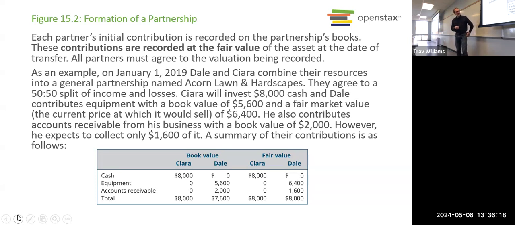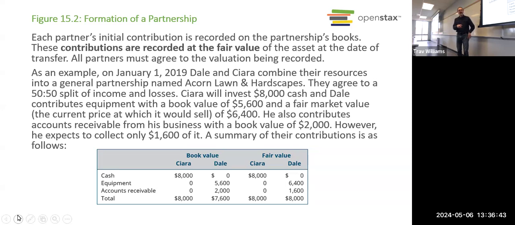So we see here, Ciara and Dale have formed a partnership. Ciara is contributing $8,000 in cash to the partnership. And Dale is contributing equipment with a book value of $5,600, right? So in his accounting records, based on the depreciation he's taken and the original cost, there's a book value of $5,600.